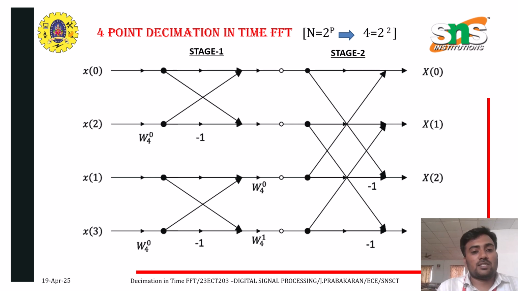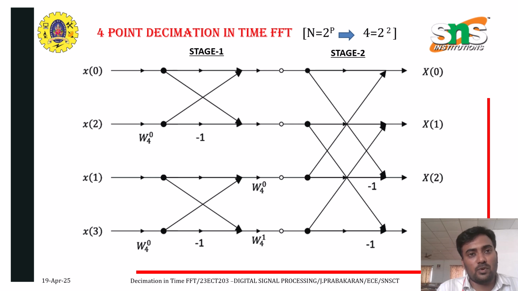First of all, you have to take the bit reversal order for the index of the input sequence. Then you have to map it in the flow graph. The input is the left side of this flow diagram, and the output is the right side. The bit reversed input is x of 0, x of 2, x of 1, x of 3, and the output is capital X of 0, X of 1, X of 2, X of 3.